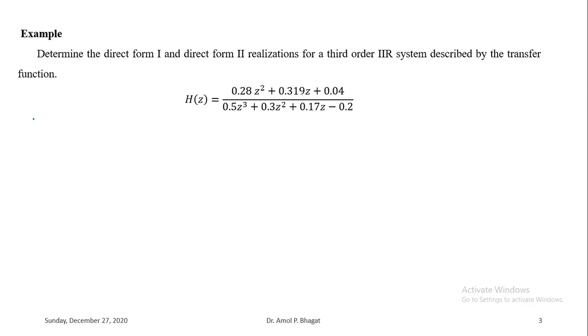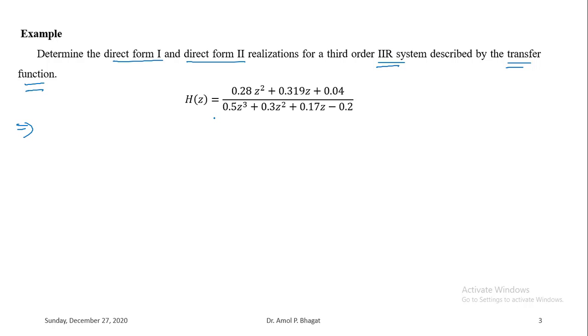Here is an example where we want to obtain the direct form 1 and direct form 2 realizations for a third order IIR system. In this example, the transfer function is given. In the previous example that we discussed in the previous session, the difference equation was given, in terms of y of n and x of n.